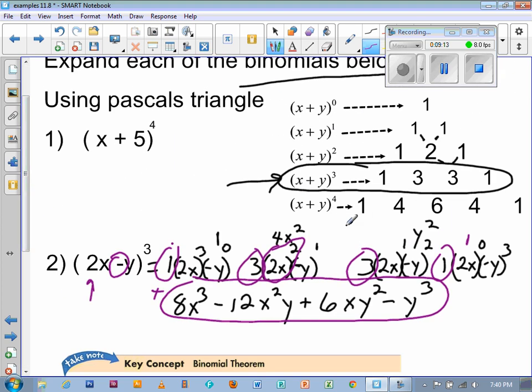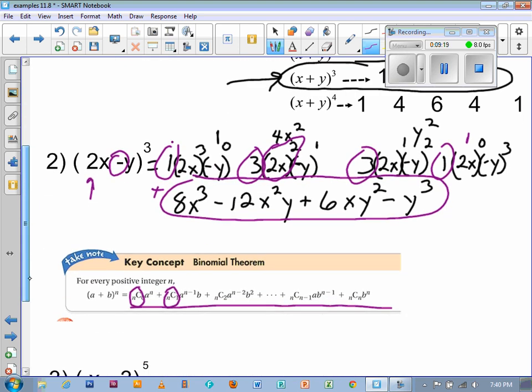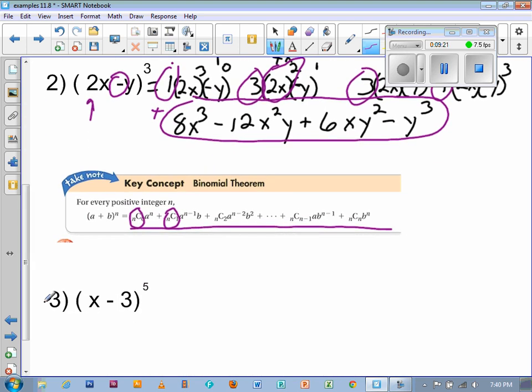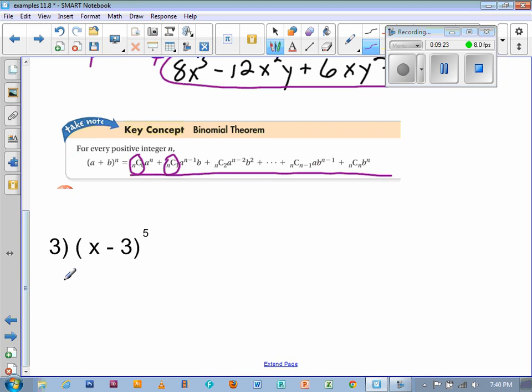Now that would be, if we had another level here, 1, 5, 10, 10, 5, and 1. But if it gets too large of an exponent, it gets not very practical to actually make that triangle so large. So what we'll do is show you how to implement the formula.